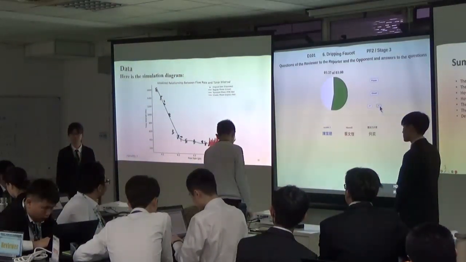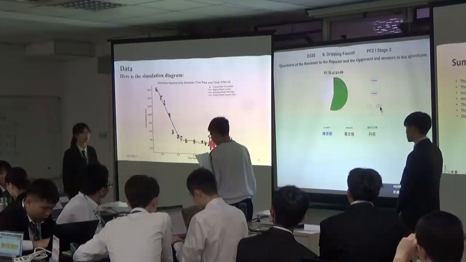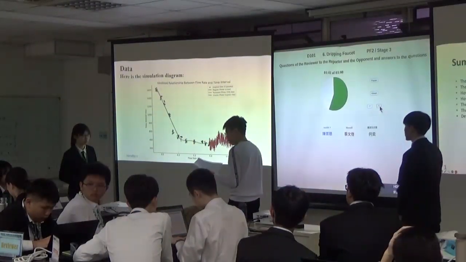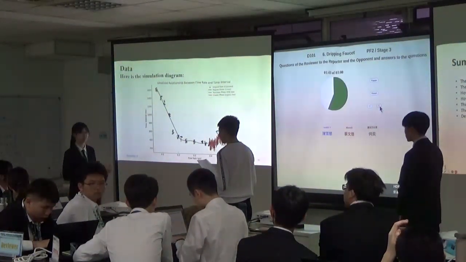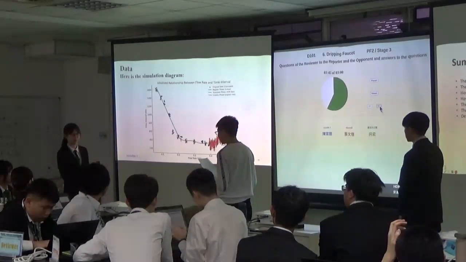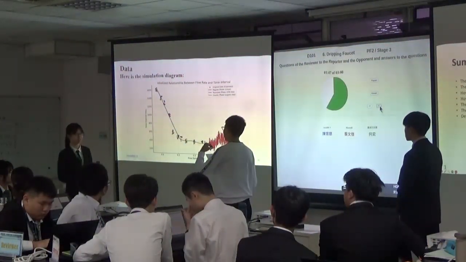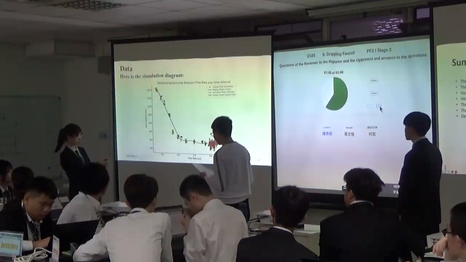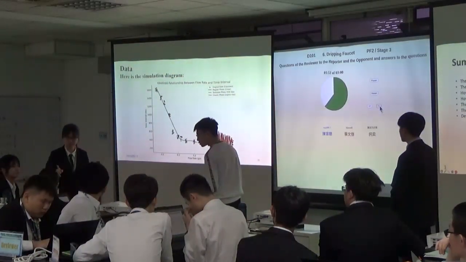Okay. And then the next question is, can you turn to the theory part? You mean which part? The simulation or the phenomenon? The first part, the theory part. The surface tension.